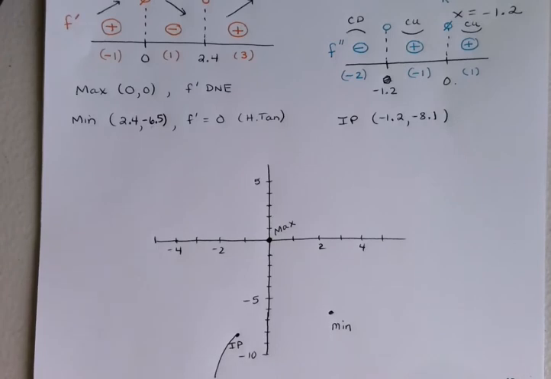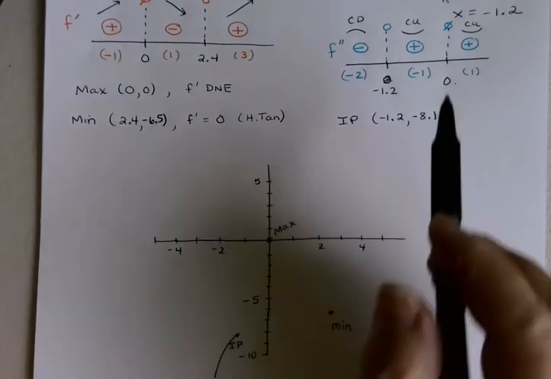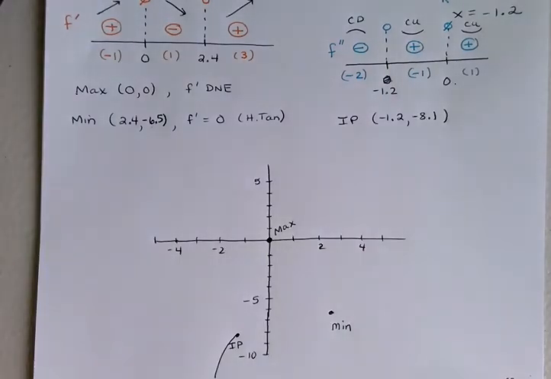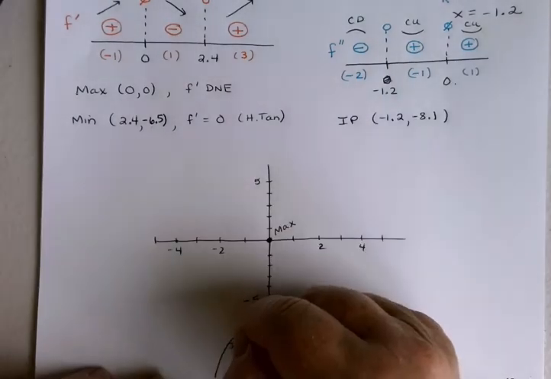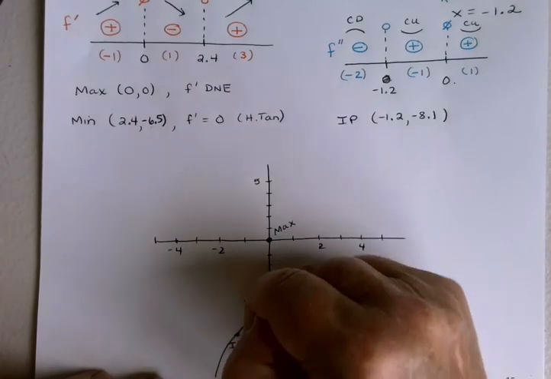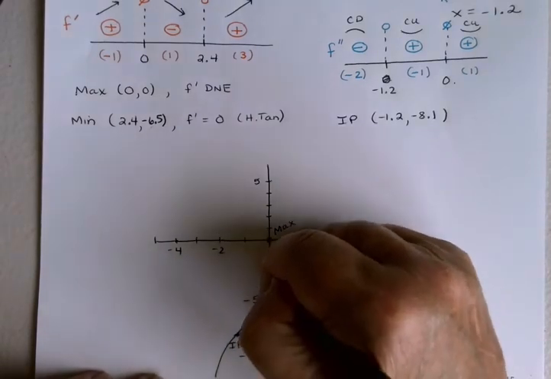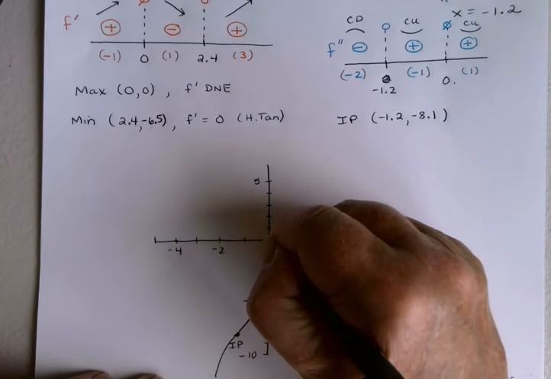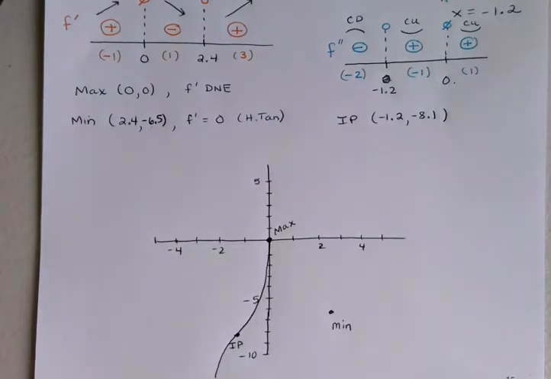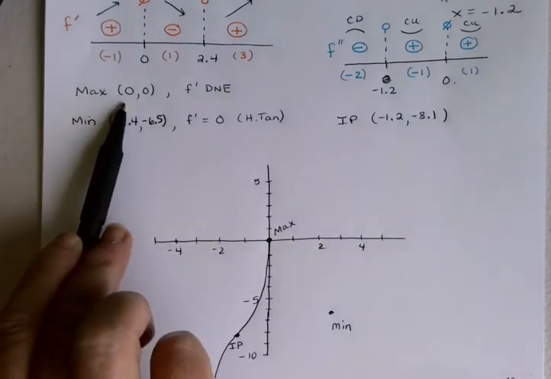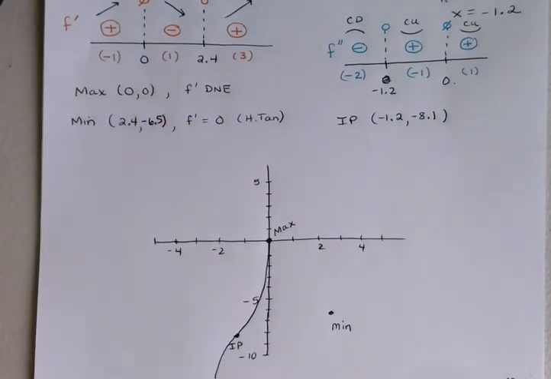I'm going to continue to increase until I hit this maximum, but I'm going to change to concave up. And as I come into this maximum, I'm going to come in with a vertical tangent line, almost vertical right there, right at the maximum. And that accomplishes the fact that at that maximum, f prime doesn't exist.